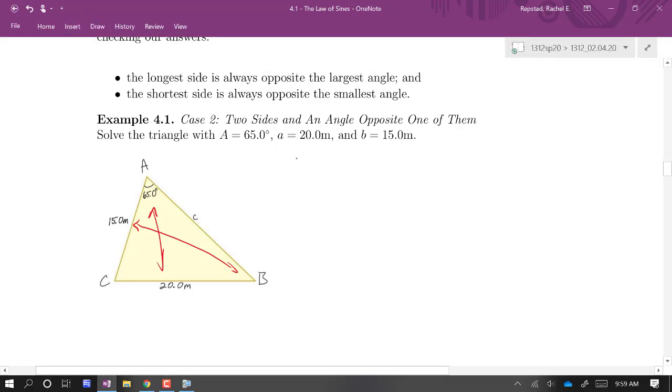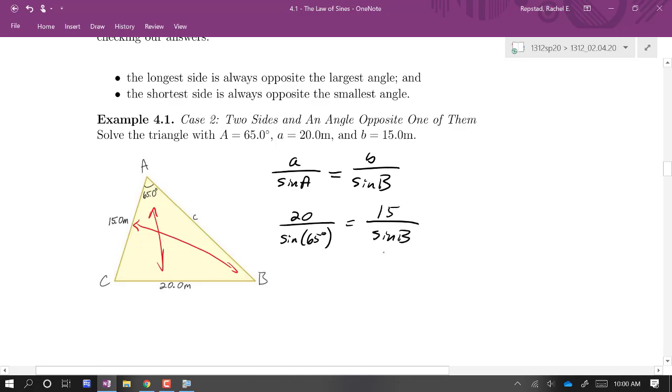So we have a over sine of A is equal to b over sine B. Let's plug in what we know: 20 over sine of 65 degrees is equal to 15 over sine B. We can set the cross products equal here, because we just have a simple proportion.